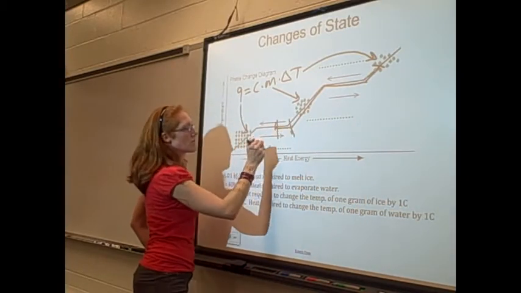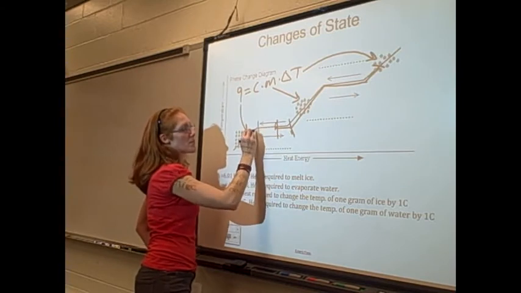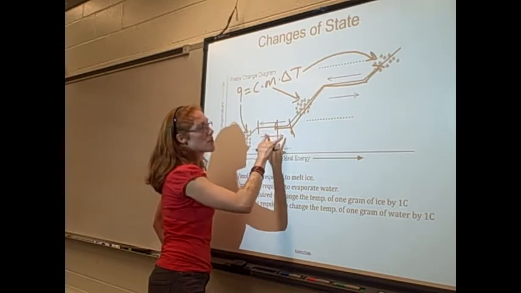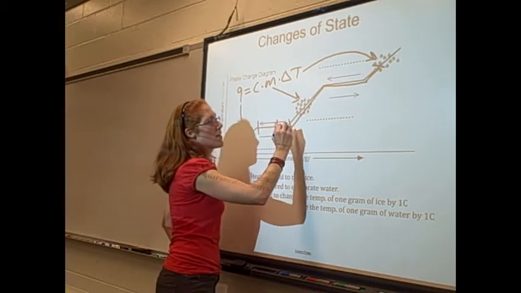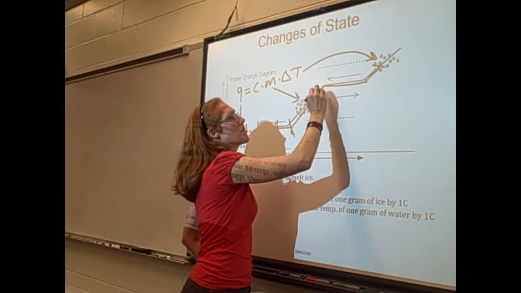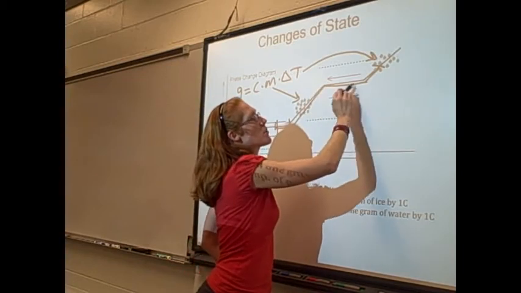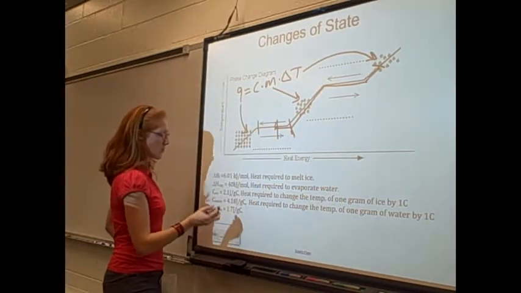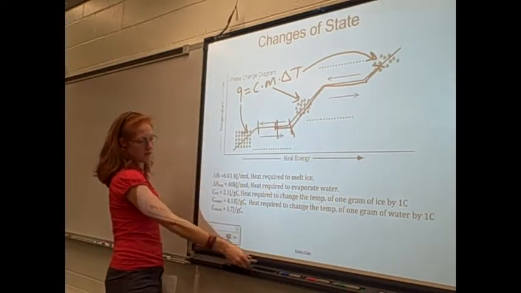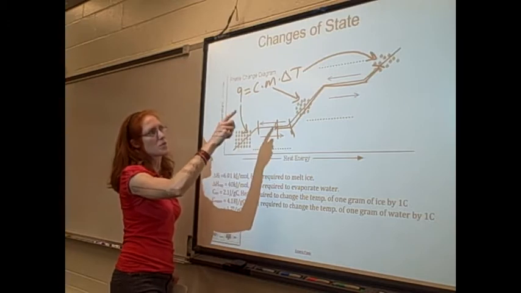This would be how much heat is required to melt the solid, and then how much heat is required to heat the liquid, and this is how much heat is required to vaporize the liquid, and this is how much heat is required to heat the gas.